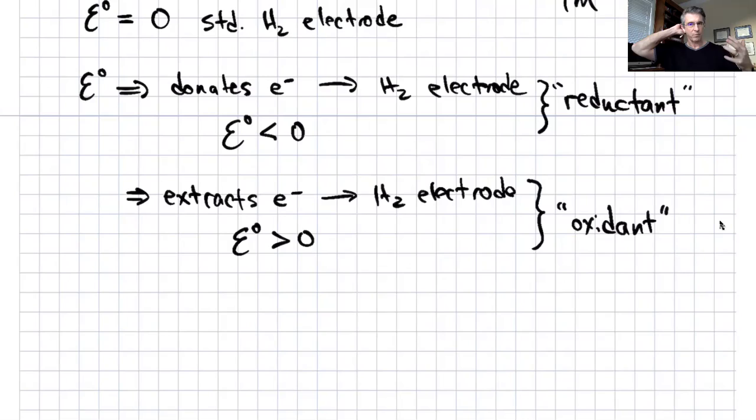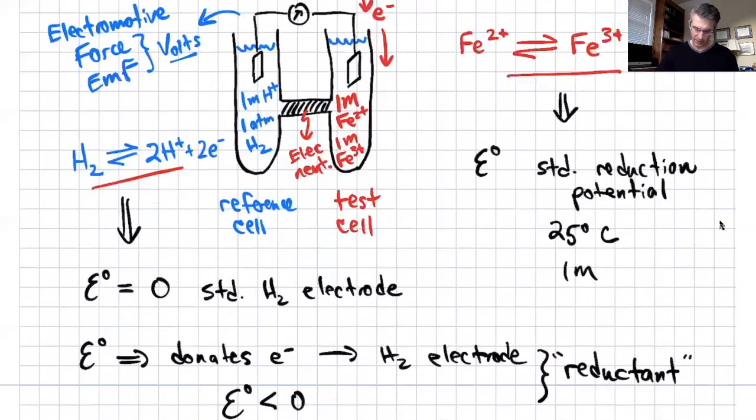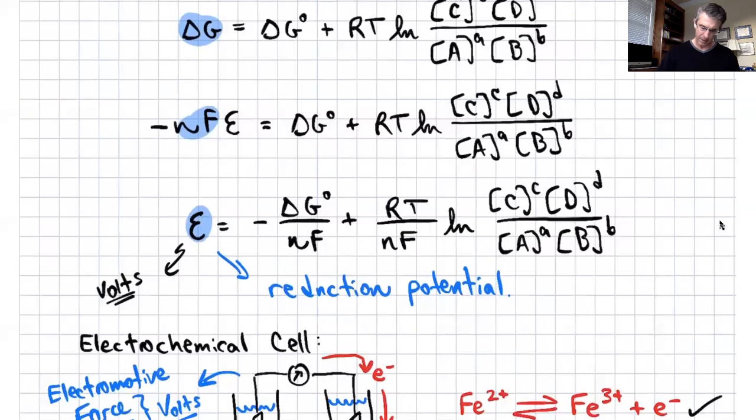Okay, so how do we get this? We relate this back to free energies again. All right, well, that's fairly straightforward, right? Because if we come back up here to this equation, remember, now that we have a measurement of the reduction potential under some arbitrary set of conditions, we've got a standard free energy value divided by NF. So we can basically replace this with the standard reduction potential.